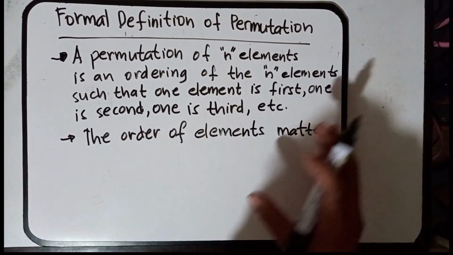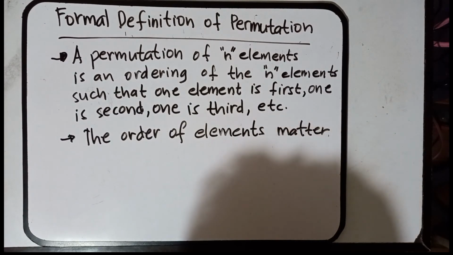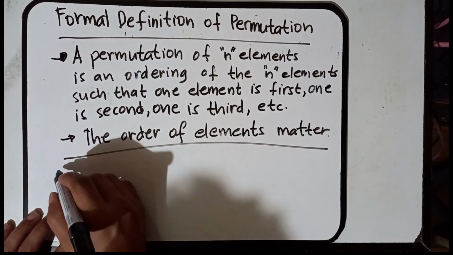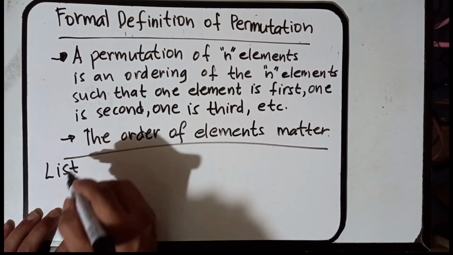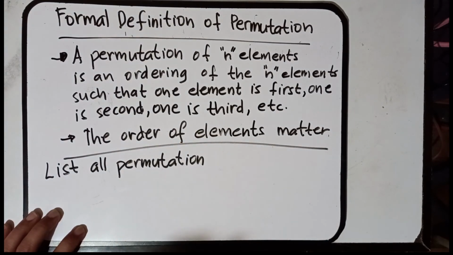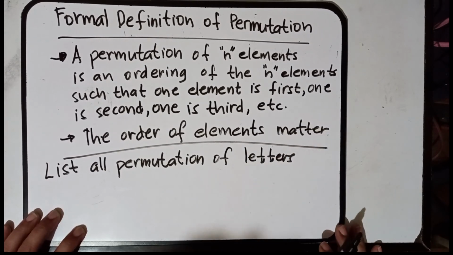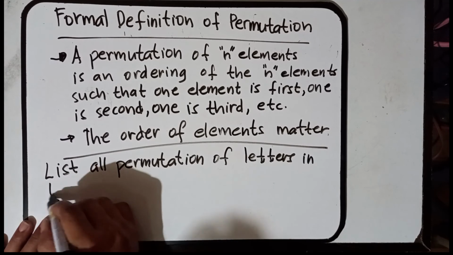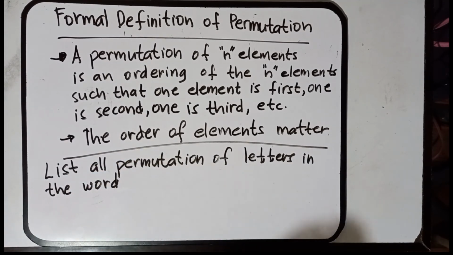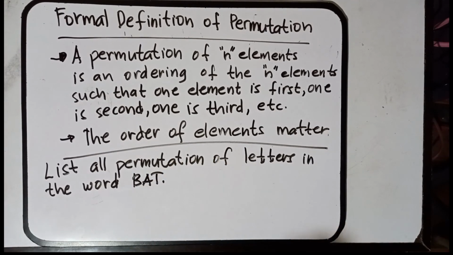Let's have another example of a permutation problem. Let's say we are given this problem: list all permutations of the letters in the word bat.